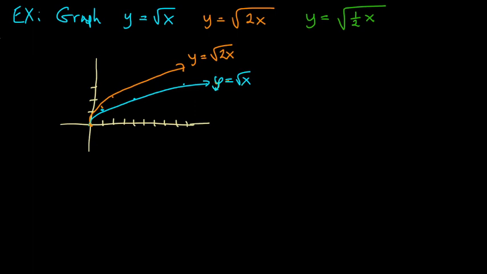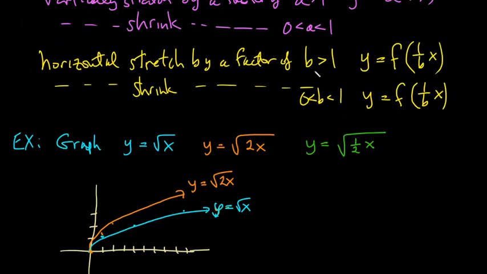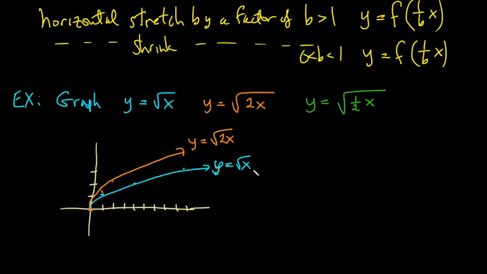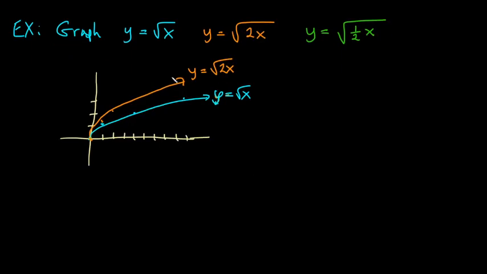So notice what happened when we multiplied by 2. That's going to be a horizontal shrink by a factor of 1/2. And you can see that's what happens. The x values get cut in half, from 4 to 2, from 2 to 1, and so on. So this is horizontally shrunk by a factor of 1/2.